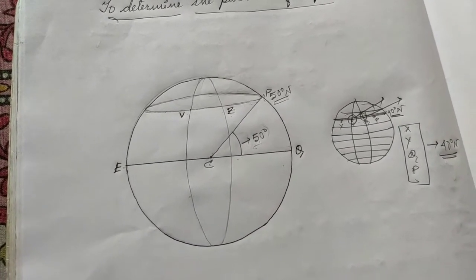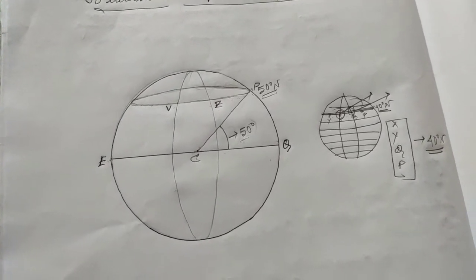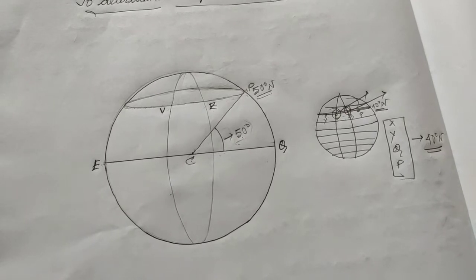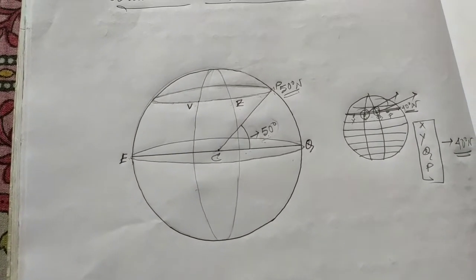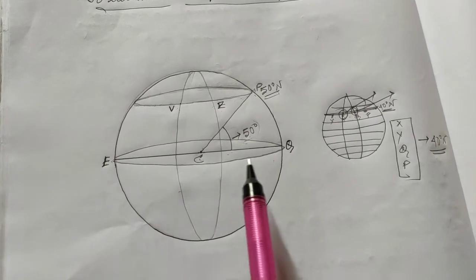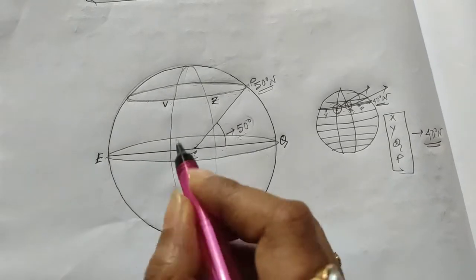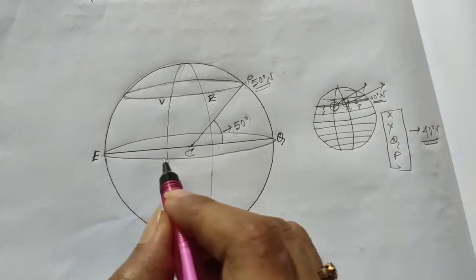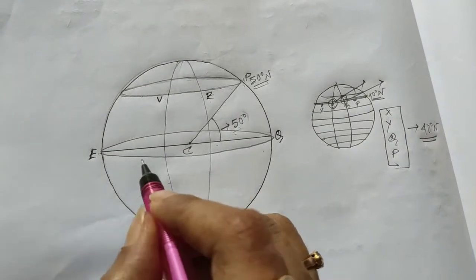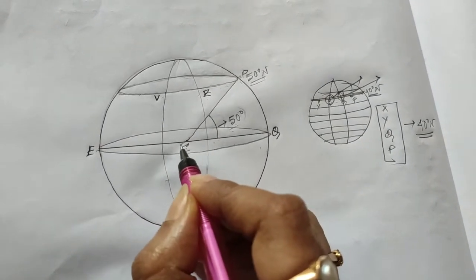For that reason I want to draw a line. Let me draw this line, then I will tell you. Now you can see that I have drawn it here. That is the equatorial area. From the center to the equator, I have drawn another longitude where it intersects from here.